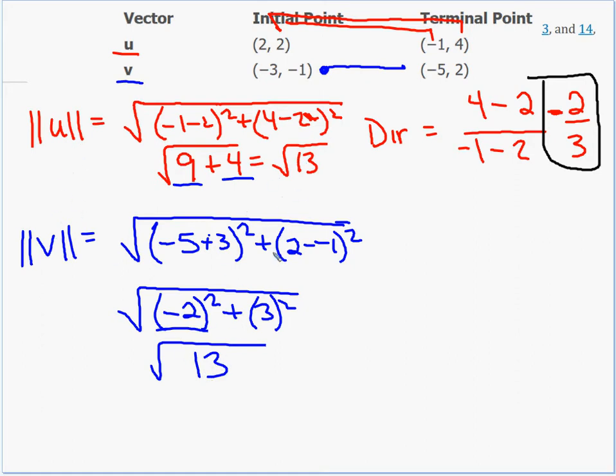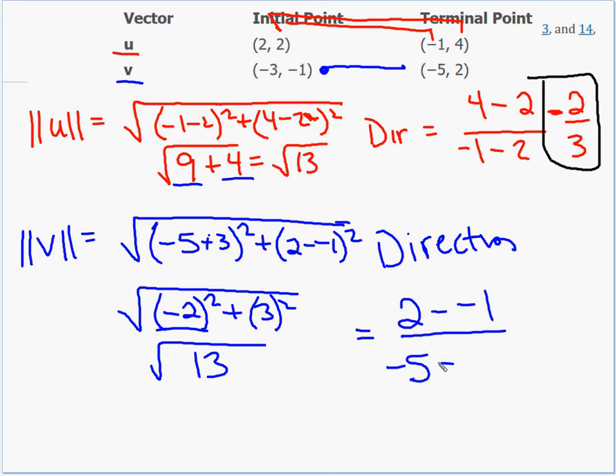Are they equivalent? Well, we've got to find the slope or the direction of this second vector v. So that slope is y minus y, 2 minus negative 1, over x minus x, negative 5 minus negative 3. Up here, 2 plus 1 is 3.